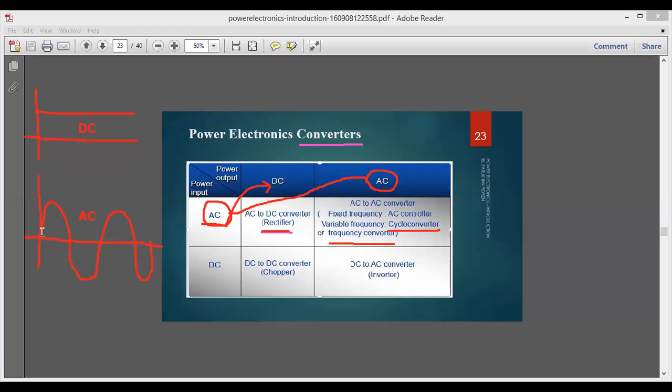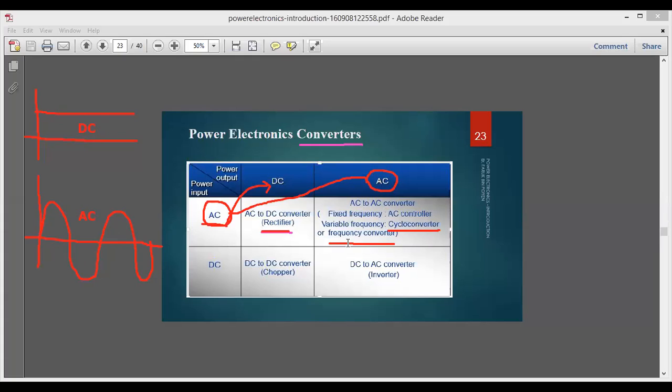So when a device converts AC to DC, we call it a rectifier. But when we come across the concept of AC to AC converter, we call it the cycloconverter, or another name, the frequency converter.